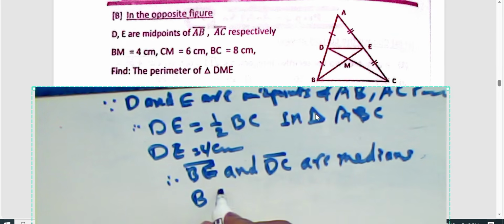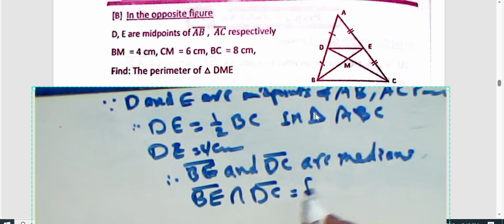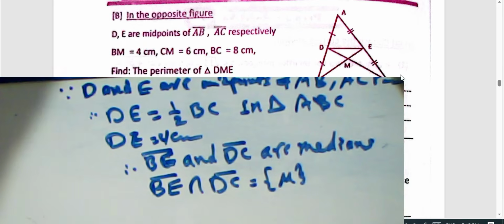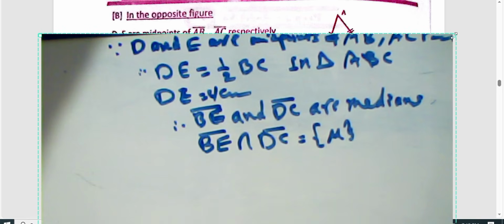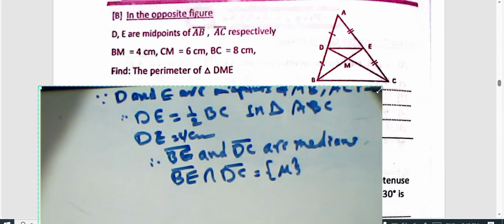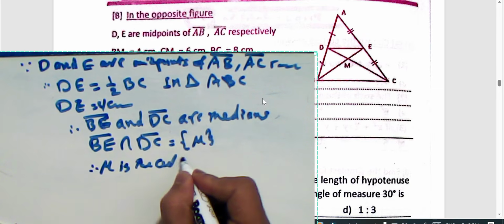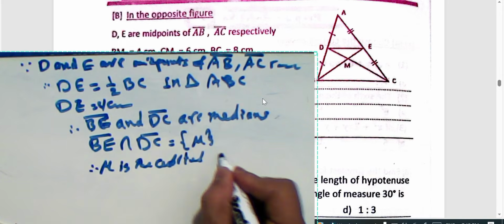And we have also BE intersection with DC equal point M. Okay, they are intersection as a point M. Then M will be the centroid point. We called it what? Centroid point. Okay, my students understood? Then M centroid point.